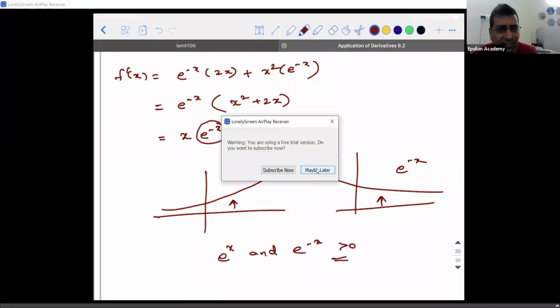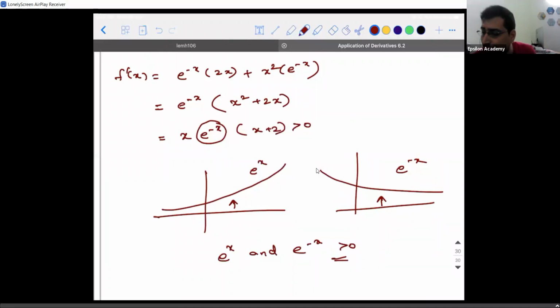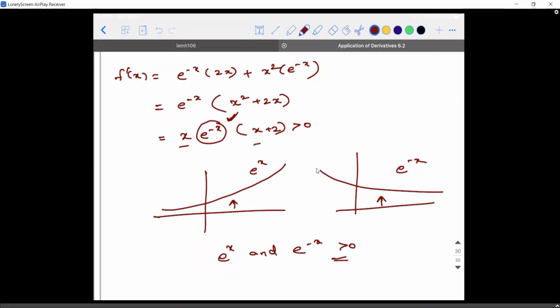Why am I stressing on this point here? Because I have a combination of algebraic and exponential function. So if I divide with e power minus x on both the sides, is my inequality going to change or remain the same? It will remain the same, sir. You will be able to know that only if you know this fact.